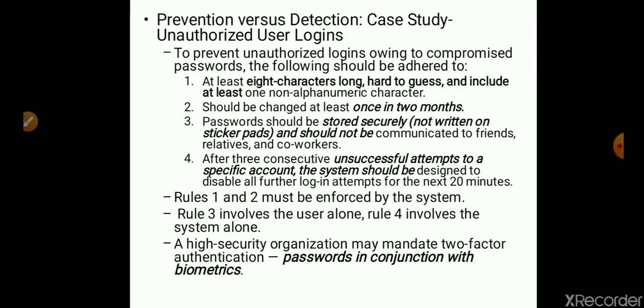Also, if the attacker logs in for more than 3 attempts, then it has to raise an alarm. The third rule is only for the user to enforce. And when we are talking about intrusion detection and prevention, organizations provide much more security through two-factor authentication, where they include passwords along with biometrics.